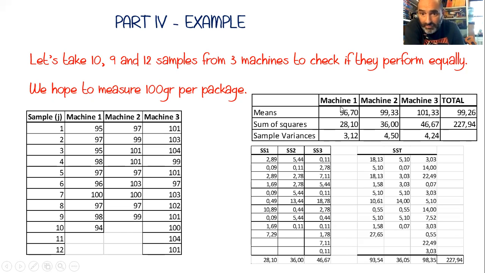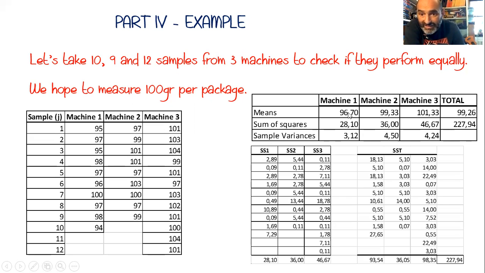Then I find the arithmetic means: 96.7, 99.33, 101.33. Now, when you have these sample arithmetic means, you could simply find the total arithmetic mean. If you sum these 3 and divide by 3, you're going to see it's not equal to this one. This is something else.